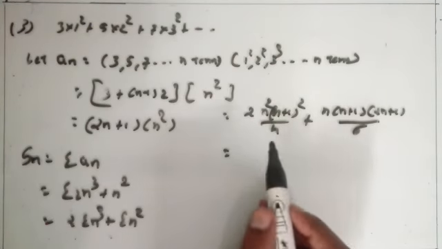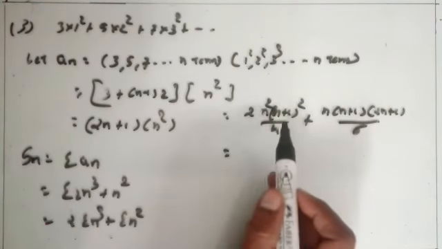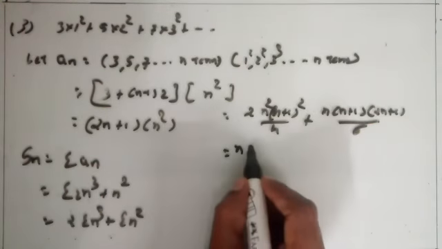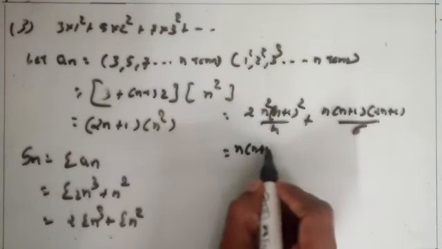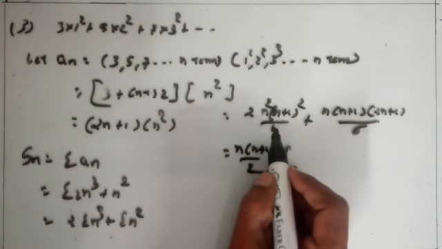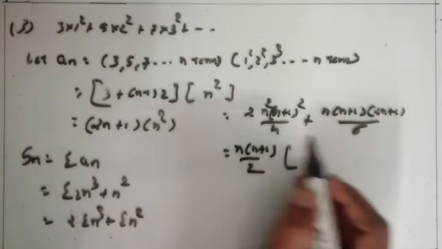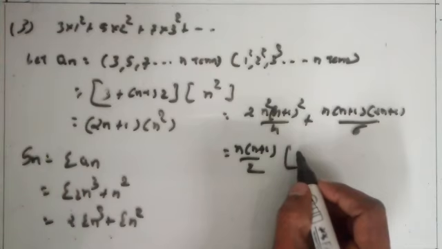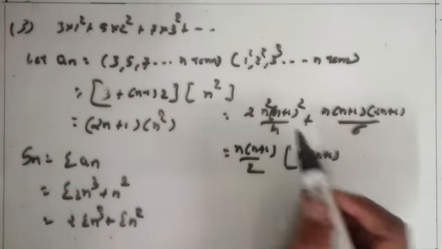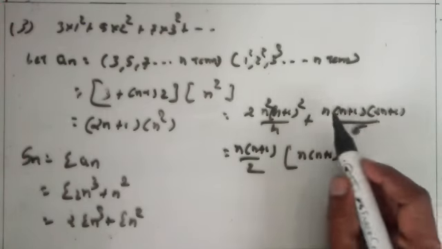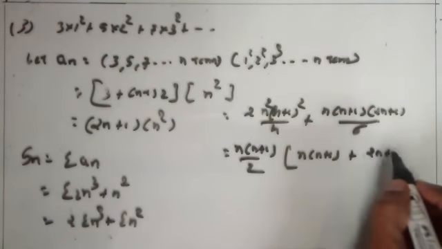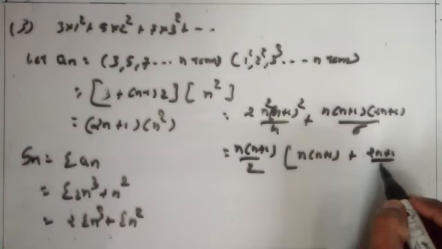So here (n plus 1) upon 2 taken common from both, so (n plus 1) by 2 in bracket, remaining terms: 4 upon 2 becomes 2, so the remaining term becomes n (n plus 1), plus here (n plus 1) by 2 taken common, so remaining terms (2n plus 1) by 3, clear.